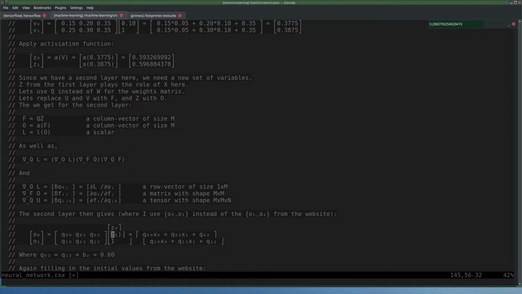And Z1. So Z plays the role of X, like it says here. So this is Z. And the weight matrix times Z gives us F. So this is not O, it's F.